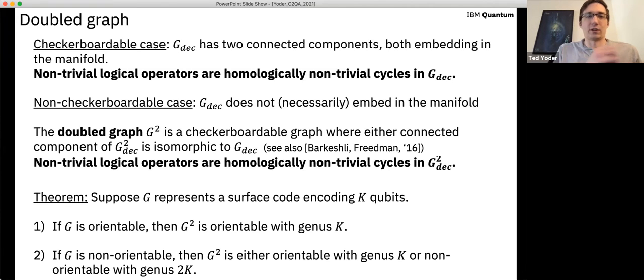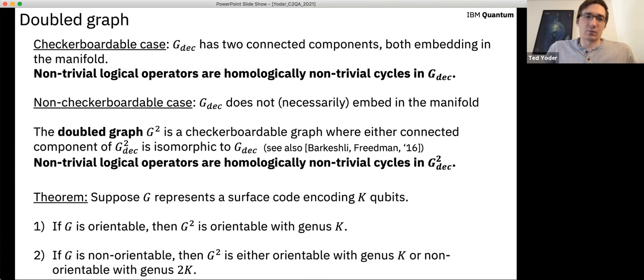So one connected component will have vertices associated only to the black faces, for instance, and the other will have vertices associated with white faces. And you can't cross from one connected component to the other. But in the non-checkerboardable case, you can cross between those components, and therefore at vertices, you will have edges crossing, at least in how I've drawn the decoding graph. So the decoding graph does not necessarily embed in the same manifold.